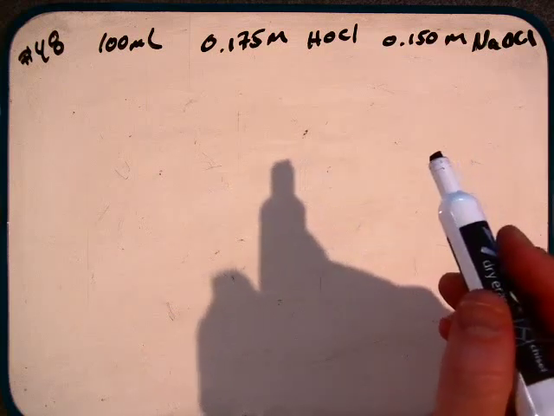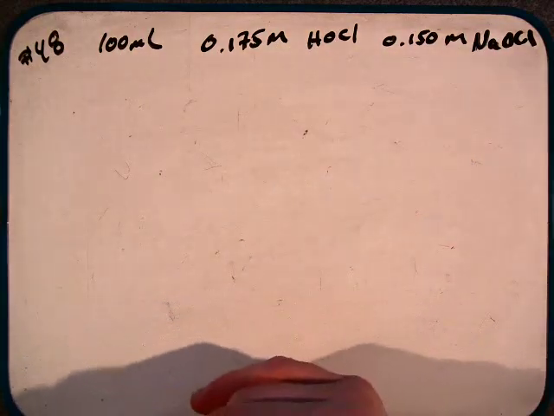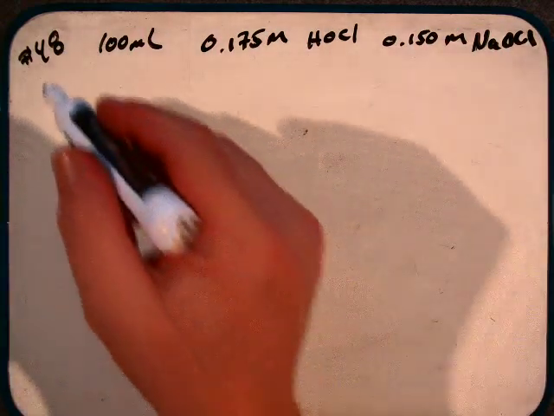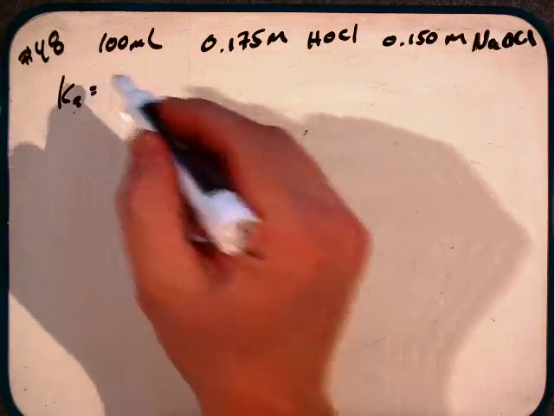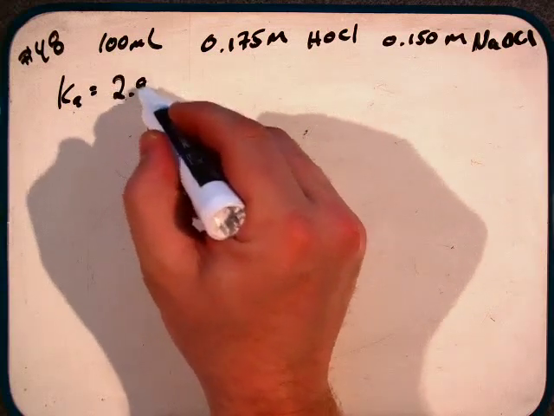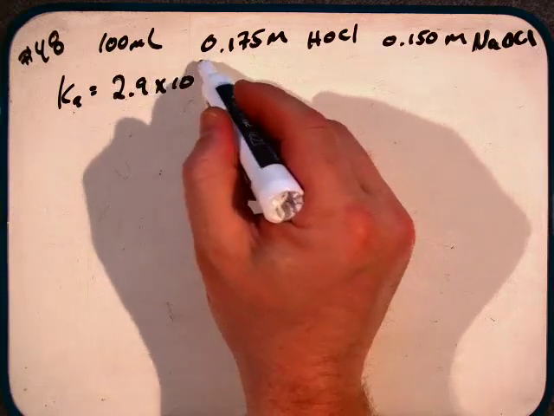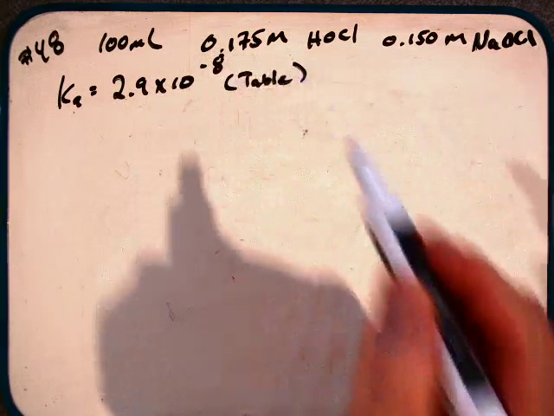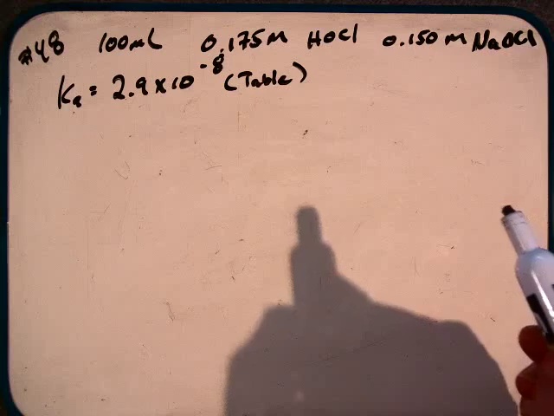And we're asked a couple of questions. First, we're asked for a pH initial, and then we're asked to solve a few others. So the first thing, again, we got to look up that Ka from our table, and that's 2.9 times 10 to the negative 8.